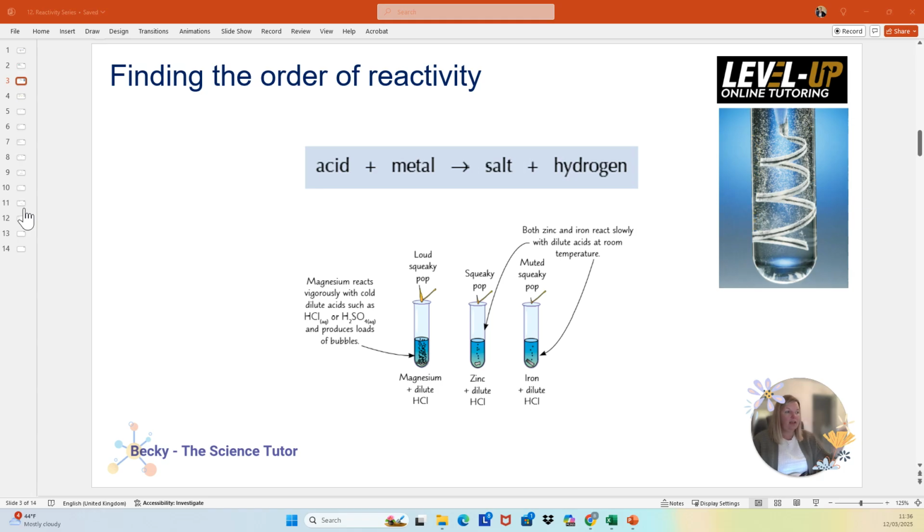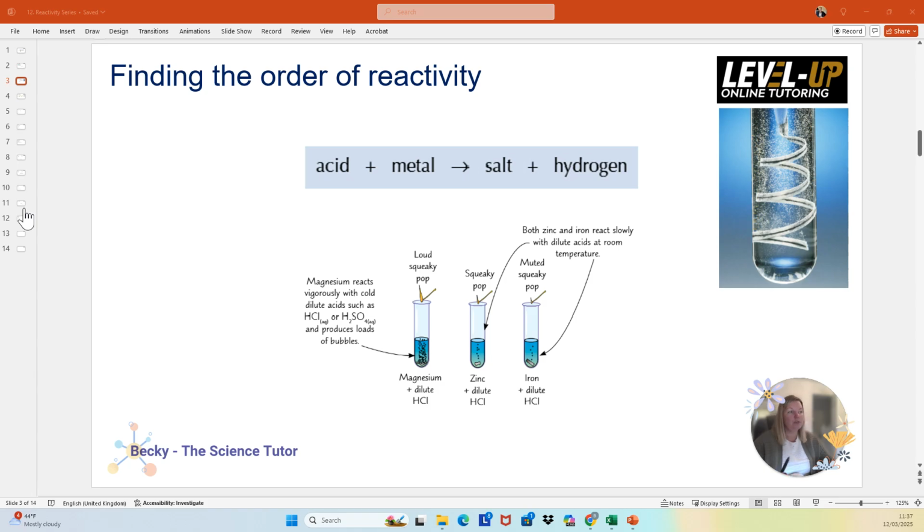Just while it's in my mind here, because you can see we've got another sort of test, we're using the squeaky pop test. This is a great opportunity when we're talking about reactions of metals with acids for examiners to drop in gas tests.